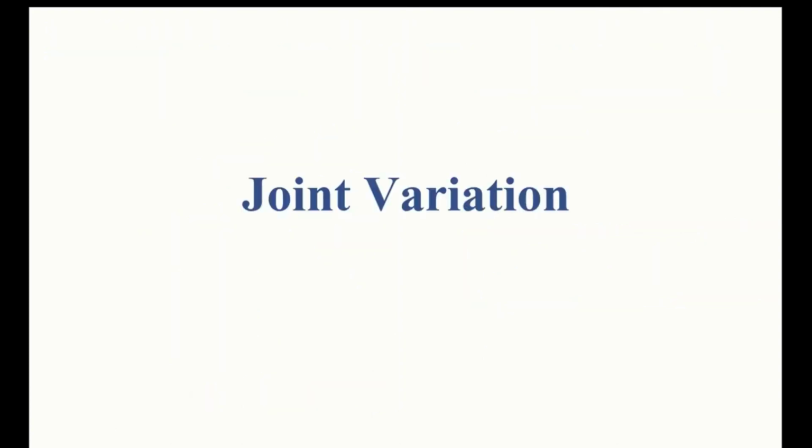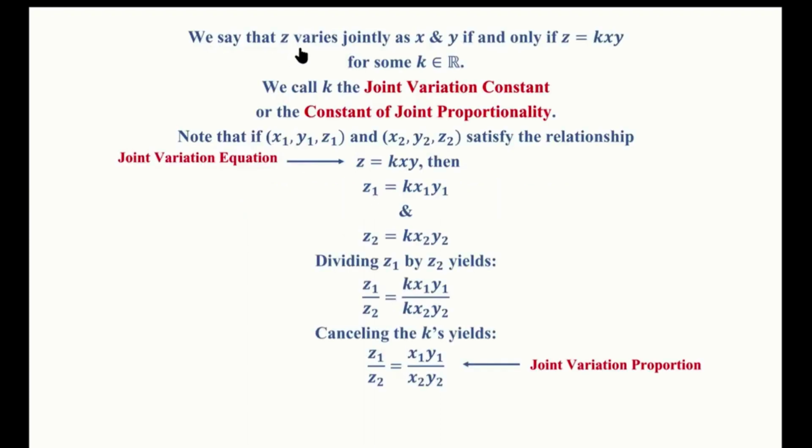We're almost done. Just a couple more quick examples. First of all, joint variation. That's basically a slight variation on direct variation. So let me explain what I mean. We say that z varies jointly as x and y if and only if z equals k times the product of x and y. So here we have 3 items involved, right?